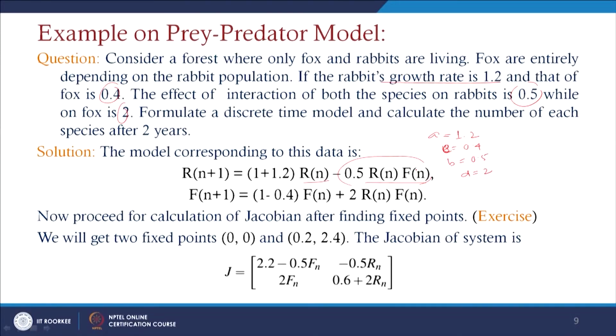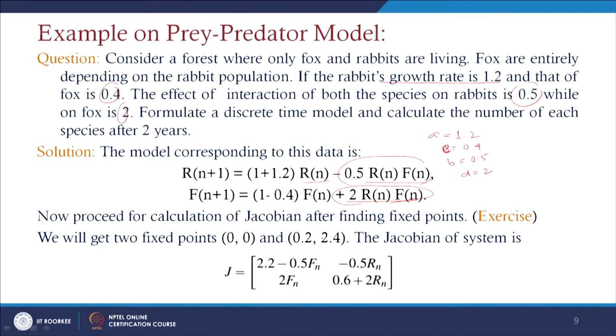Then the fox at time level n plus 1 can be written as 1 minus 0.4, since it is a decline rate, plus 2 R_n F_n, since it increases due to the rabbit population.